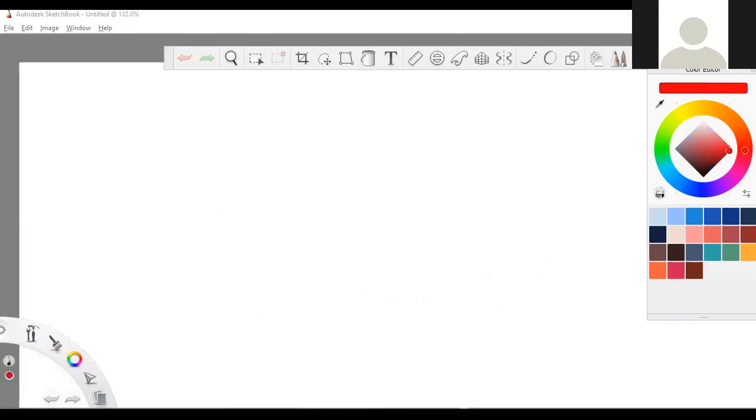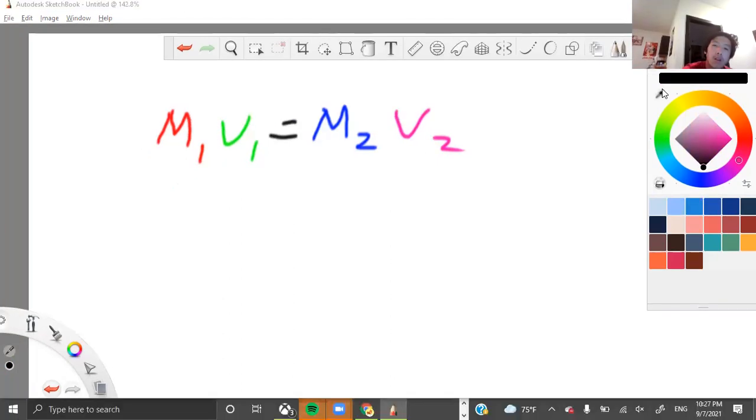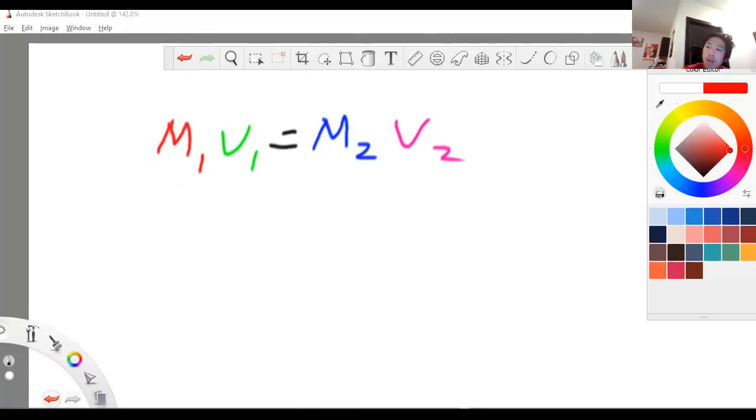So we have our formula, M1V1 is equal to M2V2. All right, we know our molarity, that's going to be equal to 1.0.